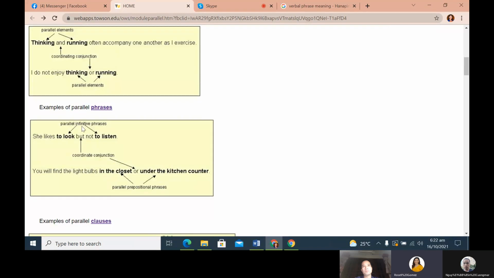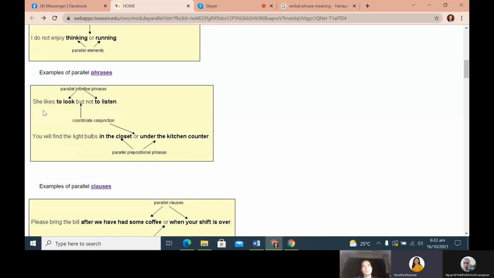Now this time, let's learn how to make parallel sentences using infinitives. Please read this one. "She likes to look, but not to listen." Is this a parallel sentence or not? Parallel.